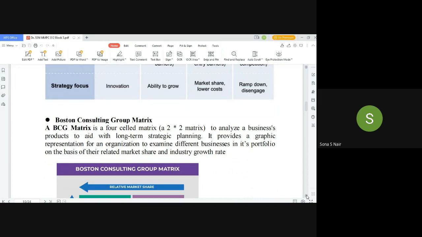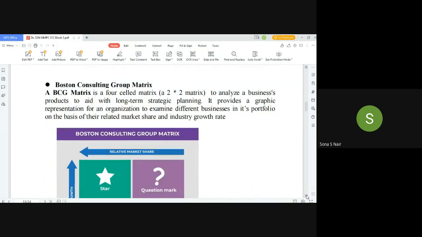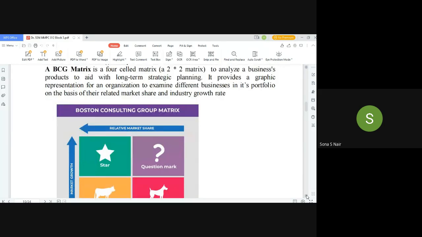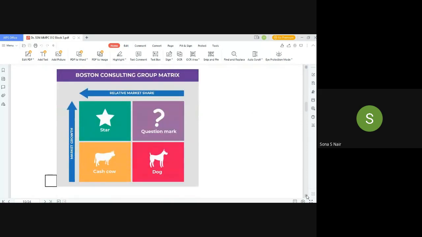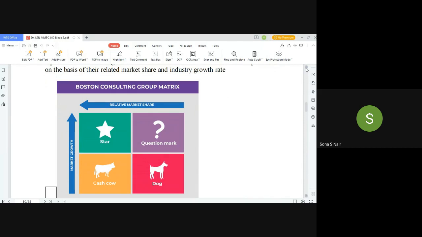You must have also possibly come across the BCG matrix. The BCG matrix helps us decide which businesses are doing good. I'm sorry, not products. It is a matrix which is a comparison between the relative market share and the market growth rate.